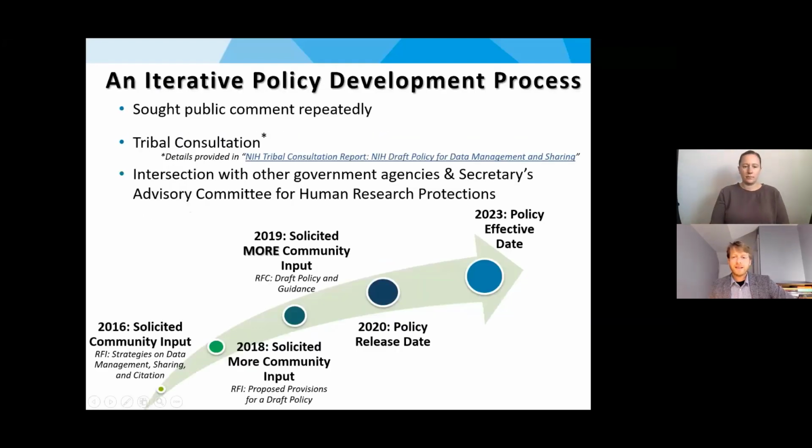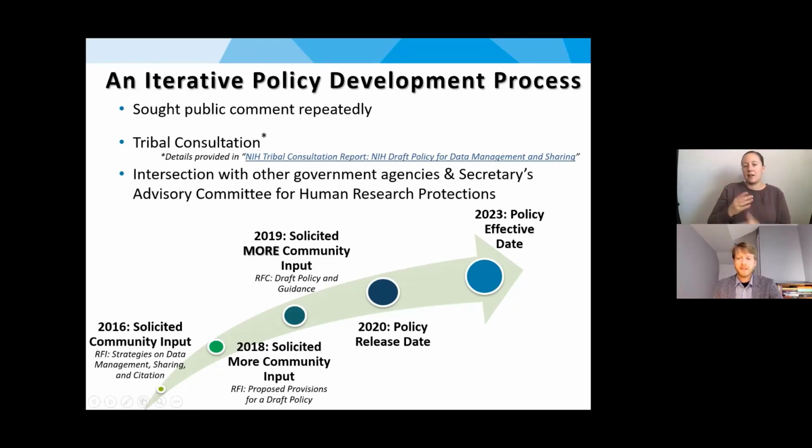So NIH has a long history of promoting data sharing, and the data management and sharing policy that NIH published in October 2020 was in development for many years and resulted from an iterative process of consultation and engagement with various stakeholders. NIH first announced its intent in 2015 to change the 2003 data sharing policy.